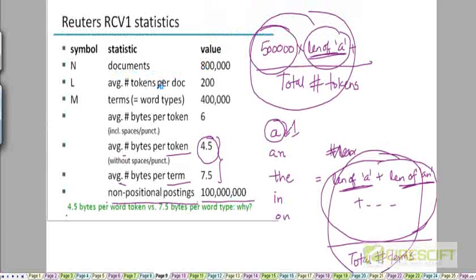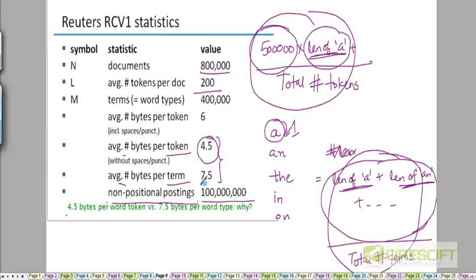And you can expect this number to be smaller than this multiplied with this, right? Because if there are 800,000 documents and on average 200 tokens per document, then the total number of tokens in the whole corpus is 800,000 times 200, which is about 160 million, whereas this is about 100 million.